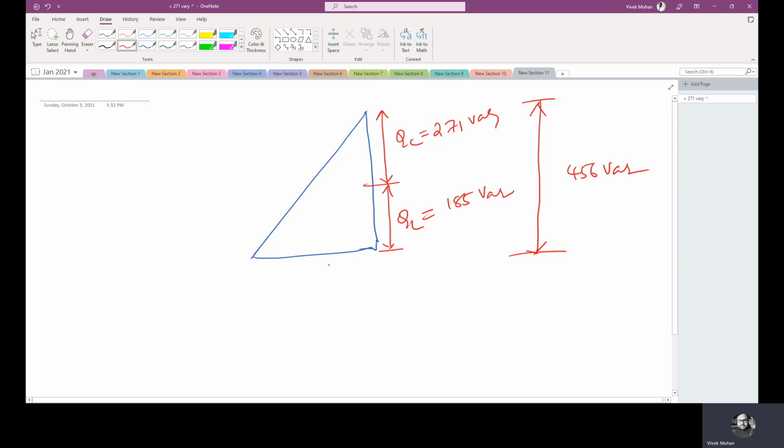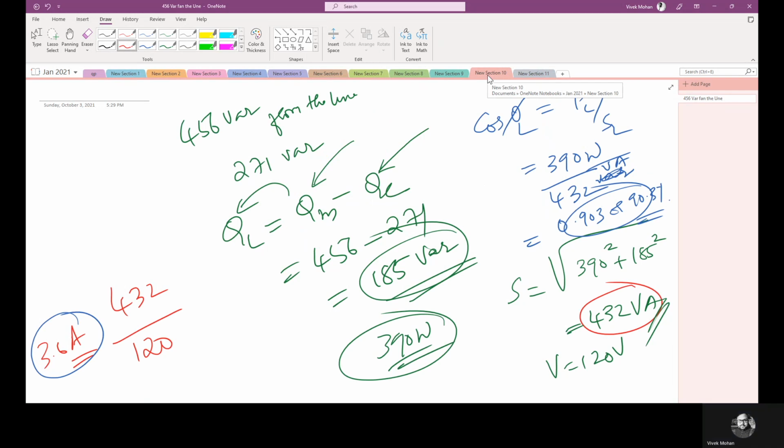Now PM is unchanged. PM is the base of the right triangle, which is equal to 390 watts. My apparent power SM is equal to 600 VA. Now, if I draw like this, I'll get 25.5 degrees. What is this 25.5 degrees?